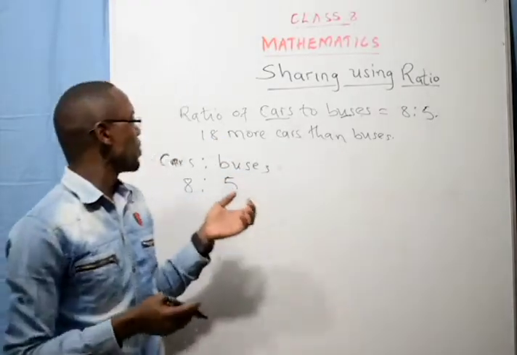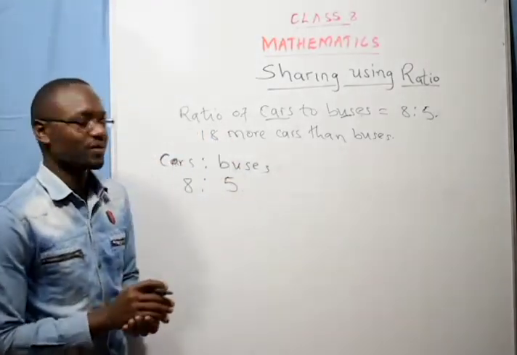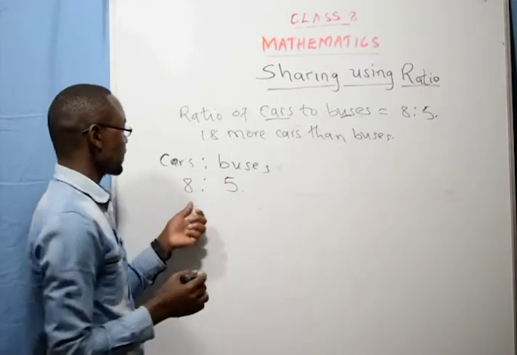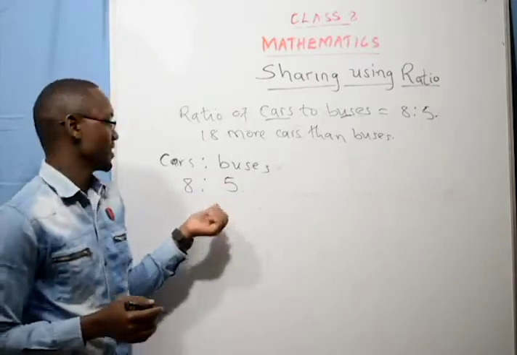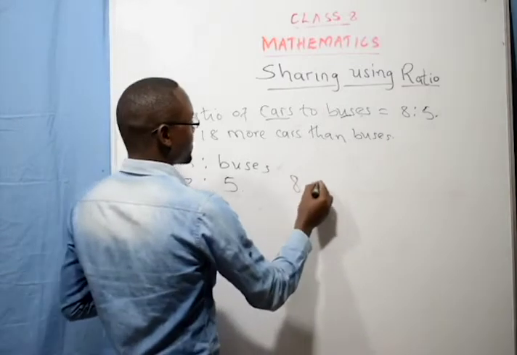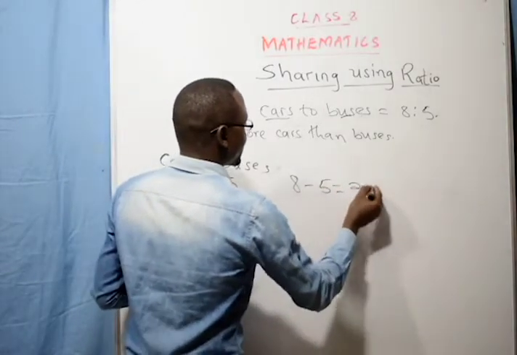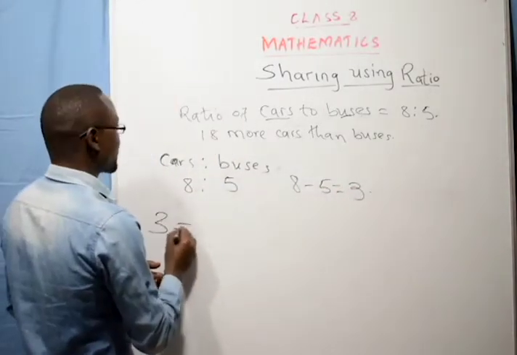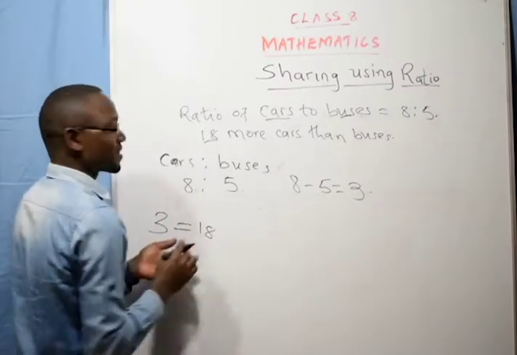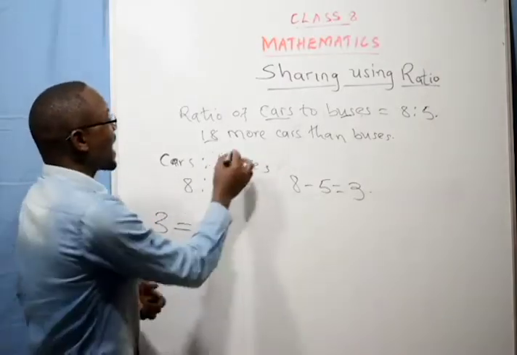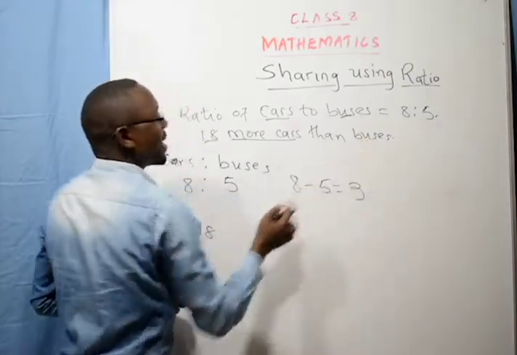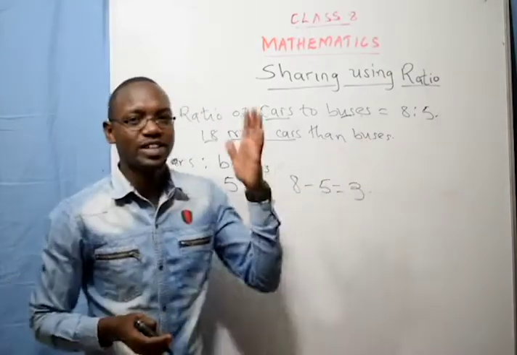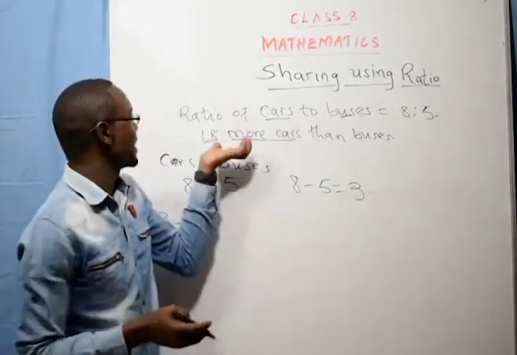So what quantity represents 18 in the ratio? Get the difference. The difference between 8 and 5 is 8 minus 5, which is equal to 3. So 3 will represent 18, because you are told there are 18 more cars than buses. That means the difference between the number of cars and the number of buses is 18.